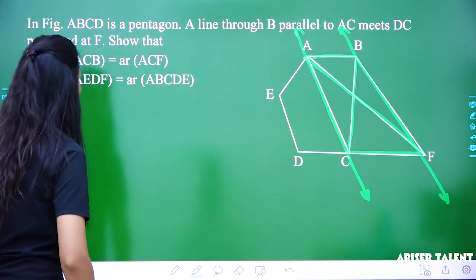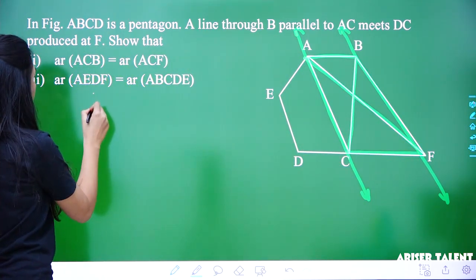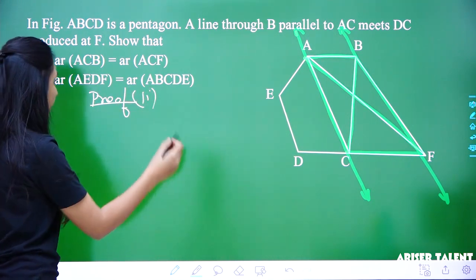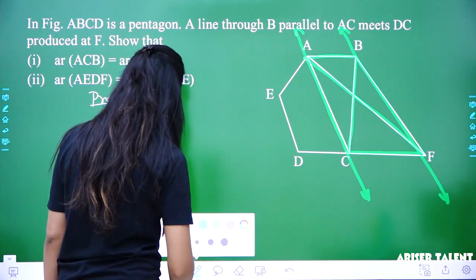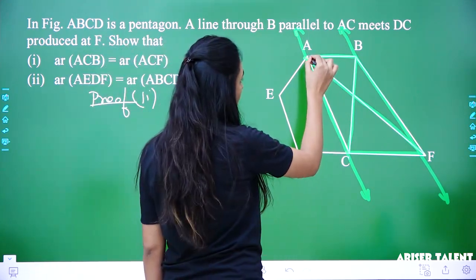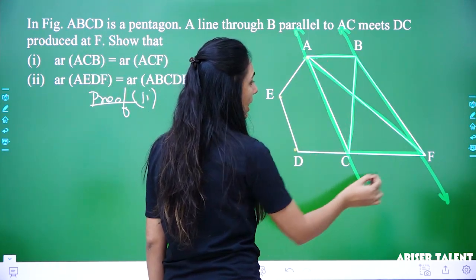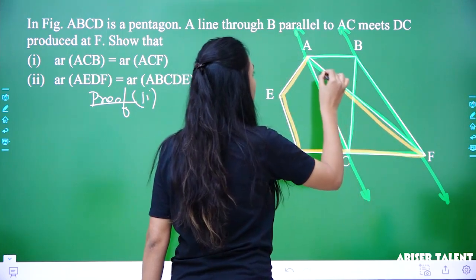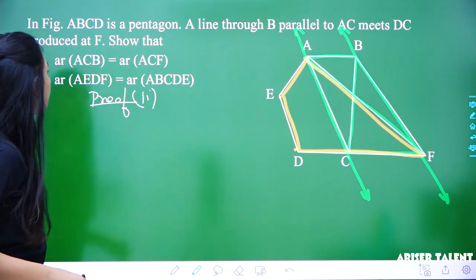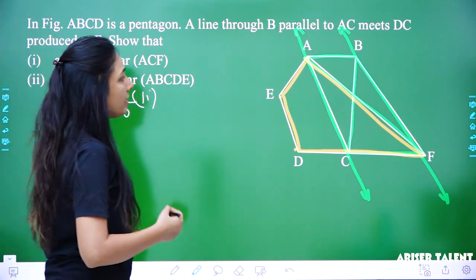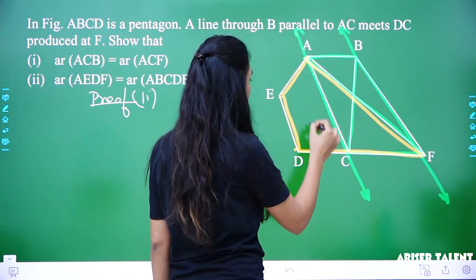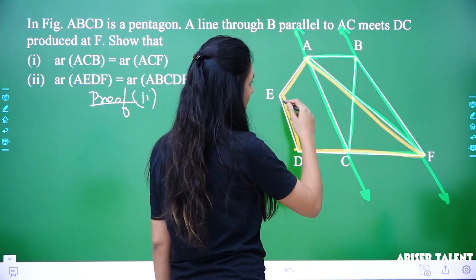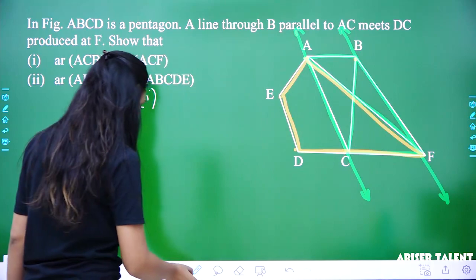Now, the proof of the second number: we have to prove that this complete area AEDF should be equal to ABCDE, this complete area.